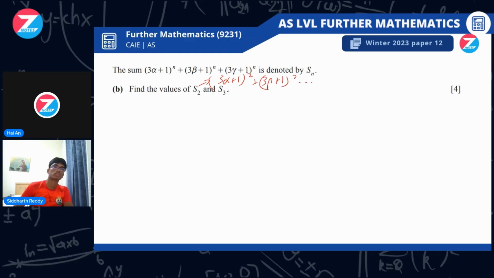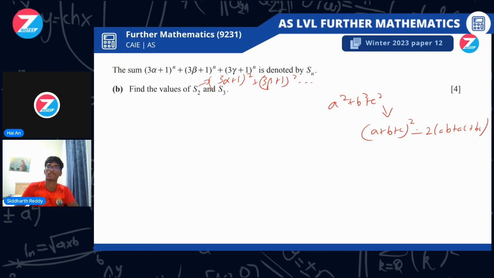Okay, so there's a very simple identity. You need to know this. For example, if you have a squared plus b squared plus c squared, you can just write it as (a plus b plus c) whole squared minus 2 into (ab plus ac plus bc).